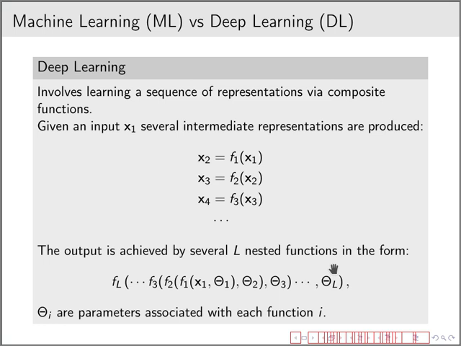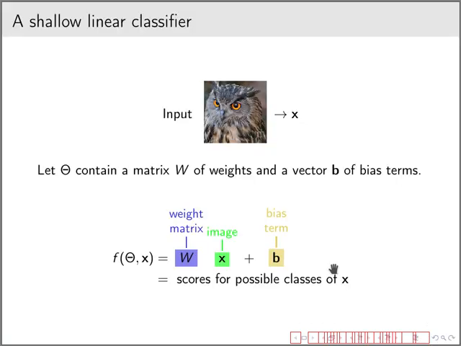Remember that 8 years ago we were talking about a deep network with just 9 layers, and nowadays 9 layers are considered a very small number of layers. So anyway, let's say that we first want to learn a shallow linear classifier. Let's start with a shallow approach.